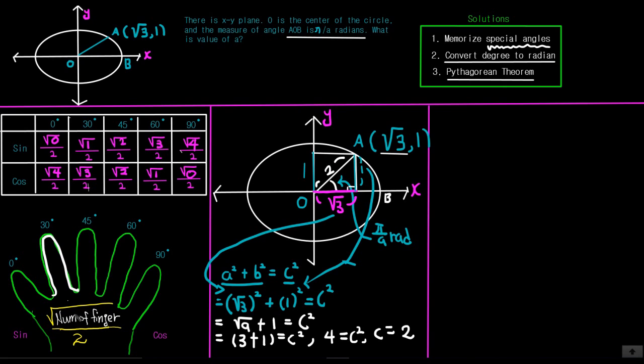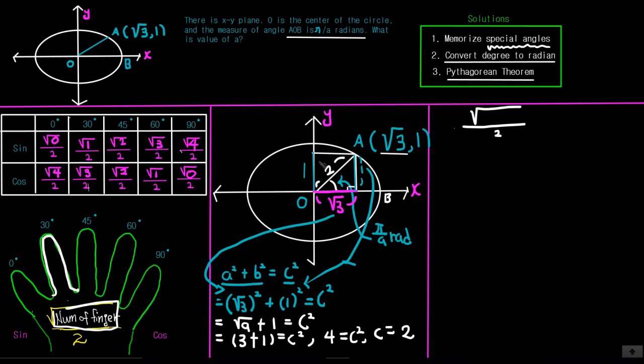And inside the radical, the number that can go inside is the number of fingers. So we can bring that square root of something over 2. And inside the radical, we can use cosine or sine for it. And for cosine, I will use cosine for it.